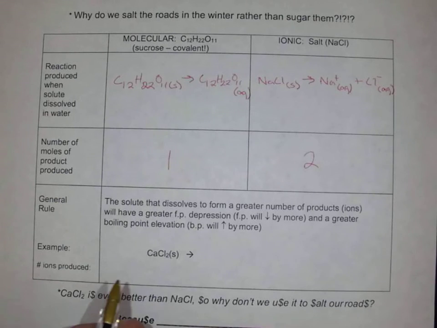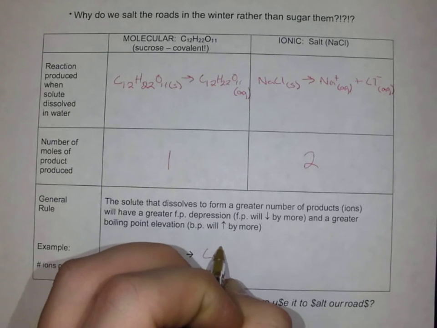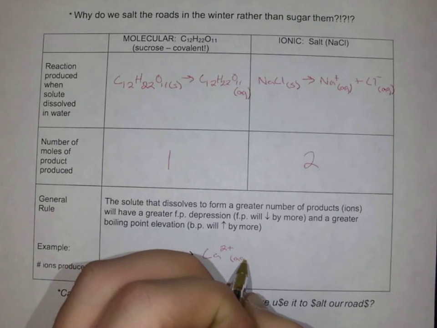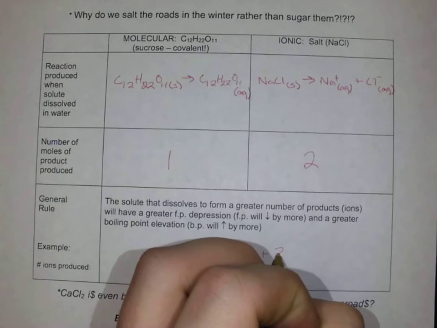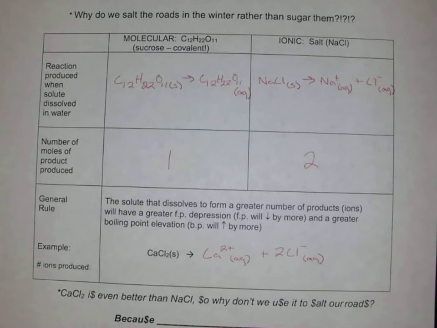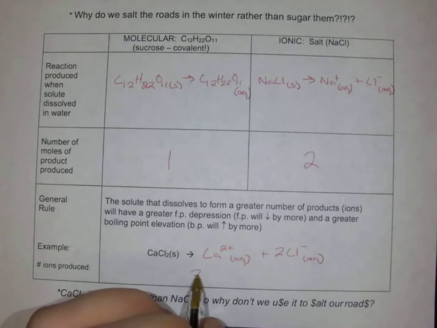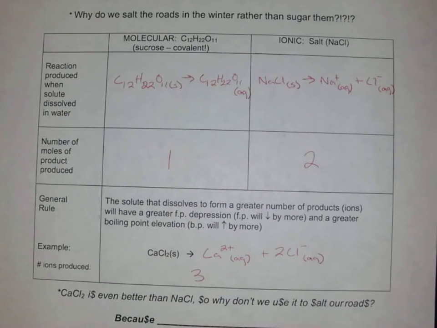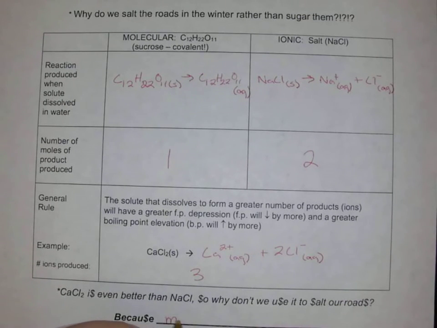So let's think about CaCl2. We're going to make even more ions here because we're going to have Ca2 plus aqueous and 2 Cl minus ions aqueous. So we have 3 ions that get produced. But why don't we use calcium chloride? Yeah, you've guessed it. Because money.